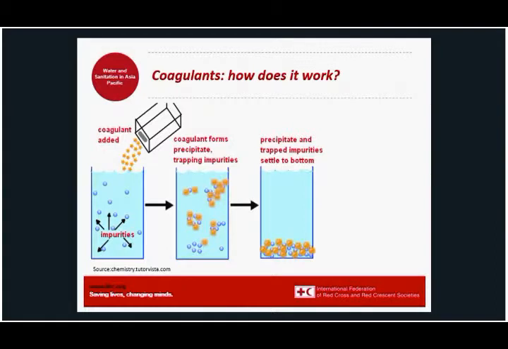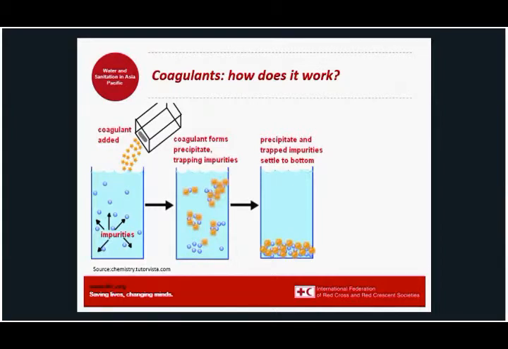We mentioned coagulant, and how does it actually work? The main objective of the coagulation process is to destabilize the particle charges.